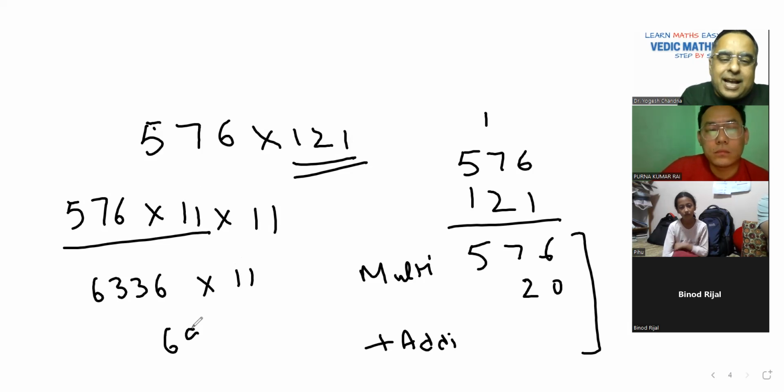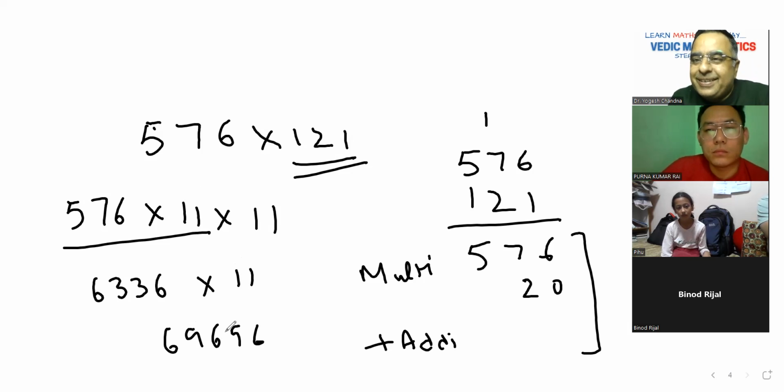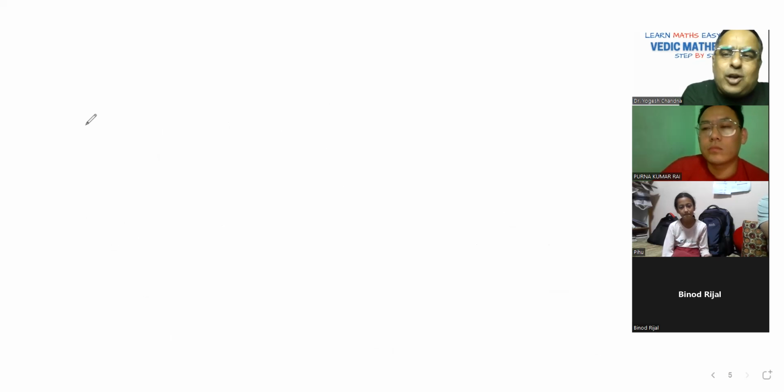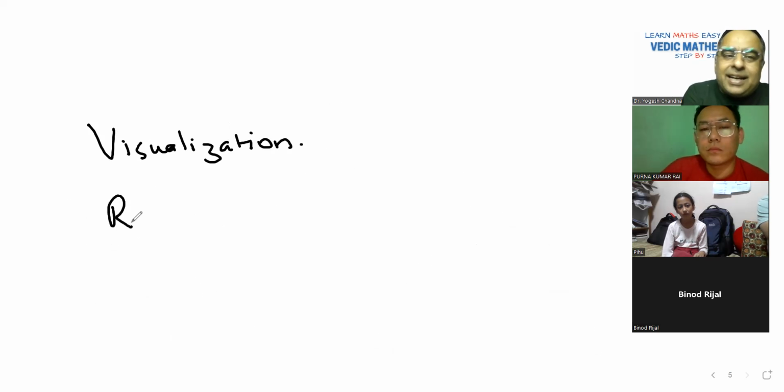That is 69696. How did I do this? Now the question you might ask me. But before that, let me tell you what happens in Vedic maths. We visualize first. First, you visualize everything, so your visualization improves. Second is reasoning skills.